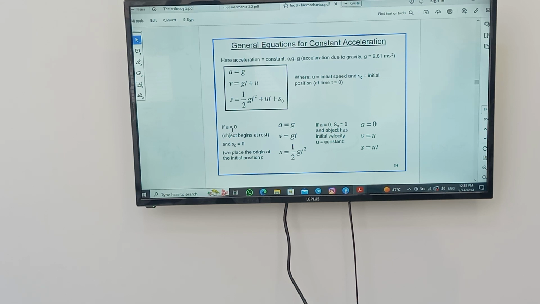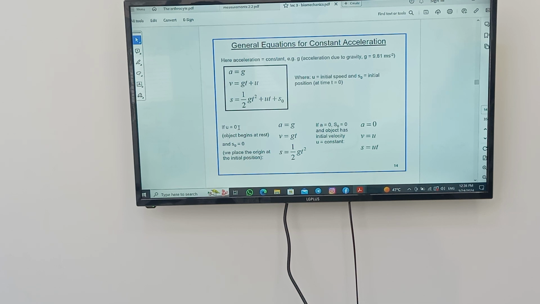Okay? So, hypothetically, if u equals 0, it means the object begins at rest. Usually, every object is at rest and then it moves. So this symbol represents that exact state, objects beginning at rest, which is 0. And the initial position s is 0; we place the origin at the initial position.